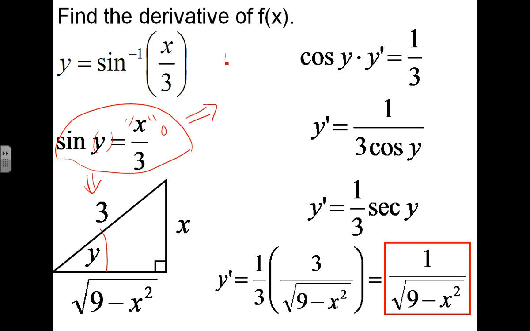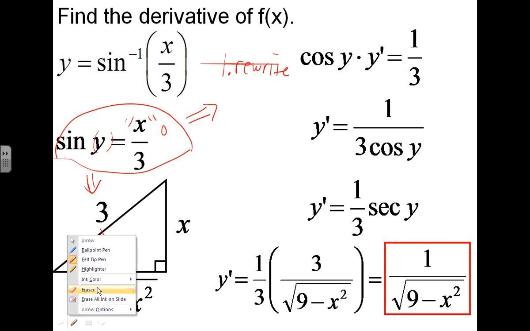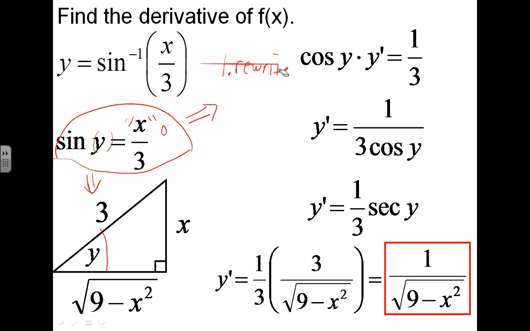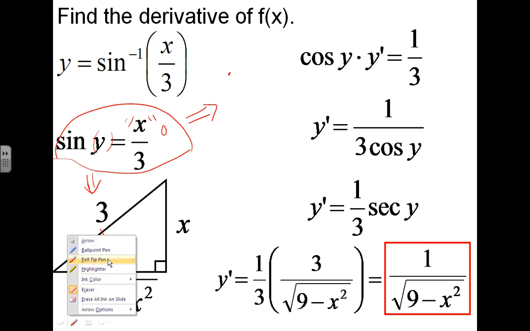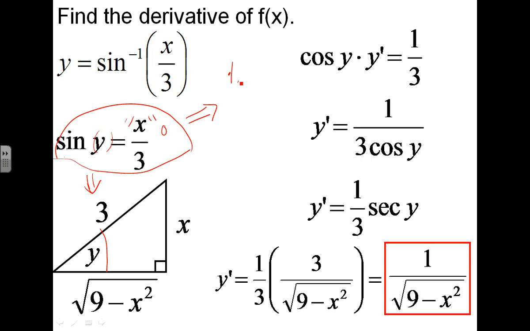So the first step was to rewrite the problem. That funny line keeps showing up. I don't know why. The second step was to draw a picture.